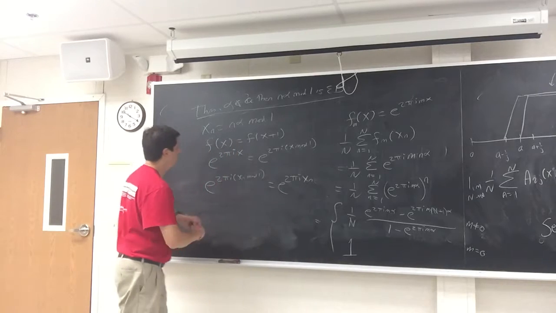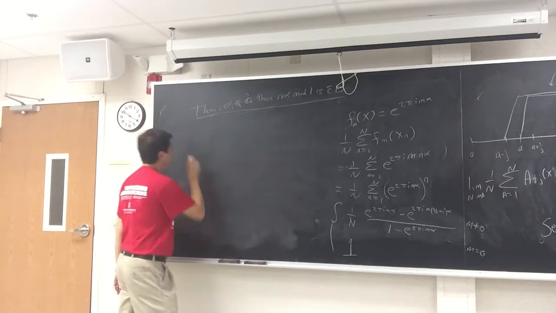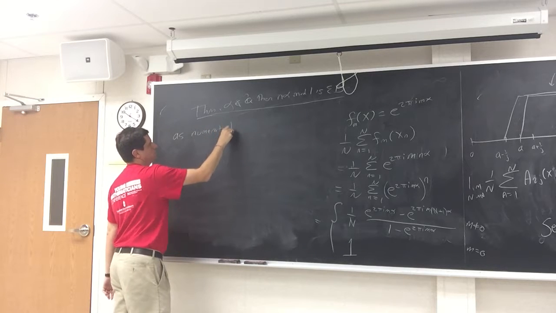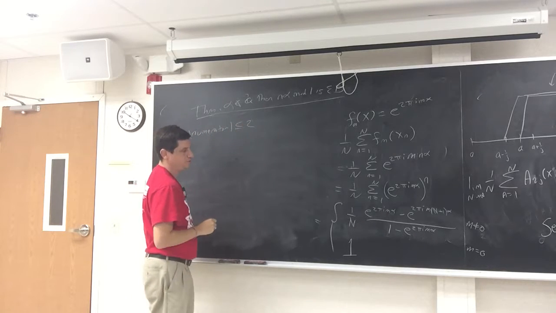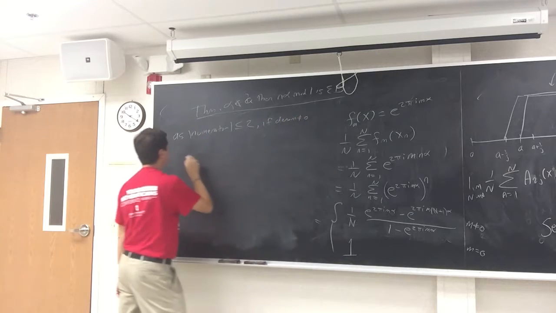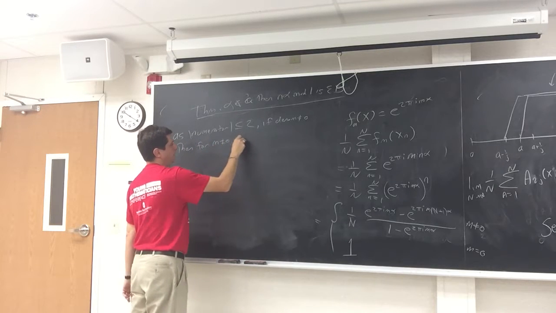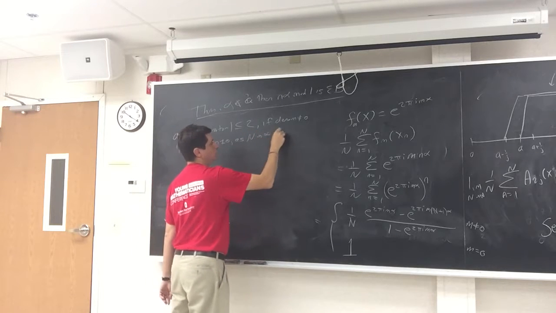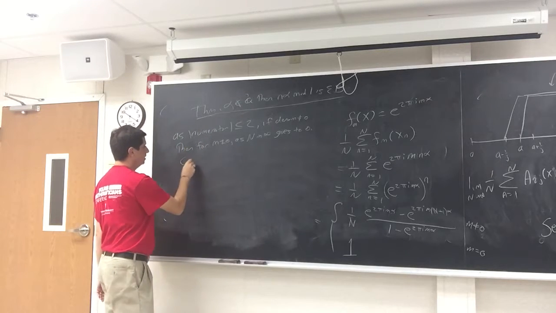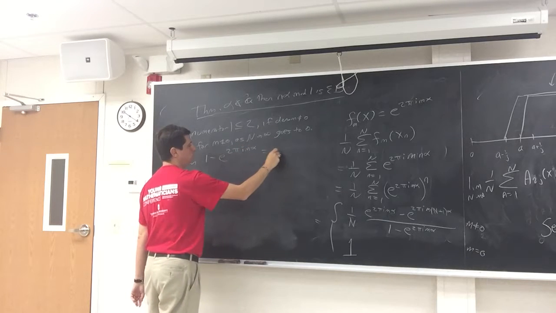This is where more blackboard space would be nice. So, as the numerator is less than or equal to 2 in absolute value, if the denominator is not 0, then for m not equal to 0, as N goes to infinity, this goes to 0. So the only question is, can 1 minus e to the 2 pi i m alpha equal 0?